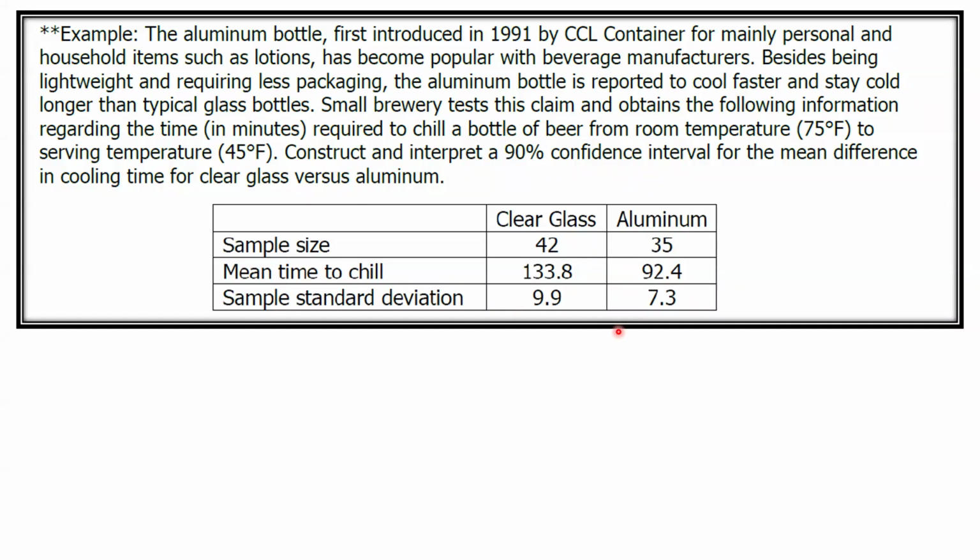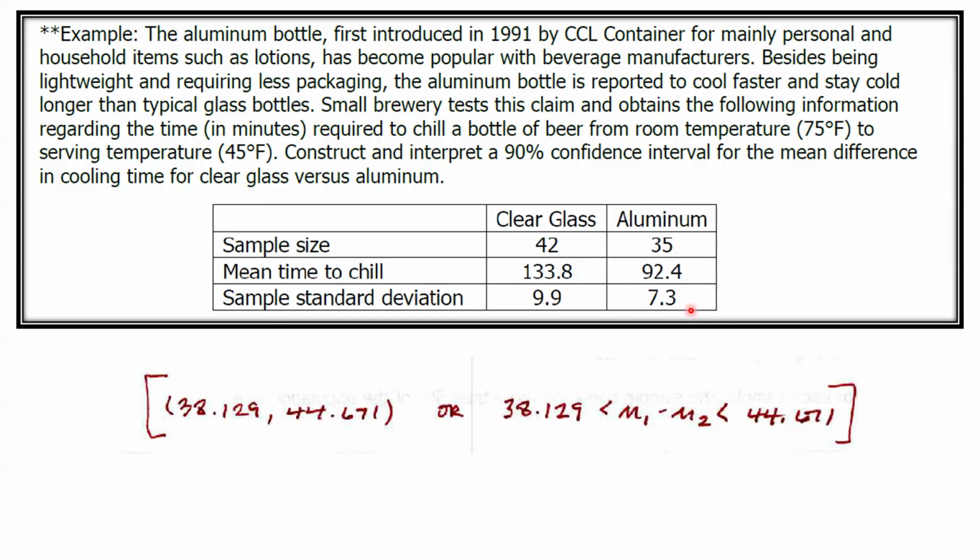Okay, so we would go straight into our calculator for the 2-sample T interval, and we would enter in our data for sample 1, the clear glass, and then sample 2, the aluminum. Once we enter that in, press no for pooled, and then calculate, we would get the following confidence interval.